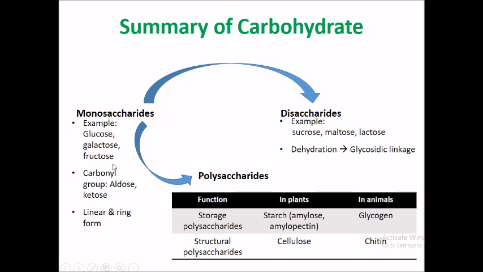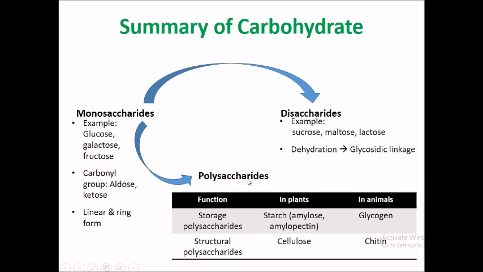Examples: glucose, galactose, and fructose, which can be divided into aldose and ketose groups, and can form linear or ring forms. These monosaccharides can combine together to form a disaccharide through a dehydration process, thus forming the bond between the monosaccharides, known as glycosidic linkage or glycosidic bond. Examples of disaccharides are sucrose, maltose, and lactose.